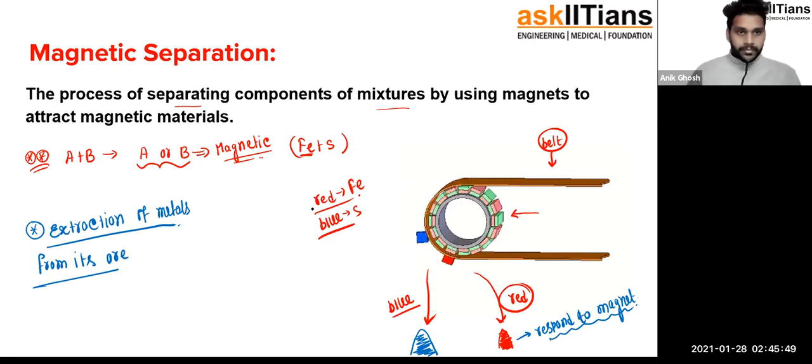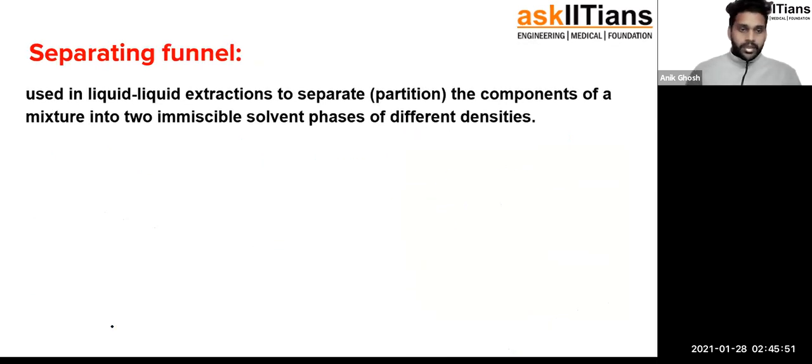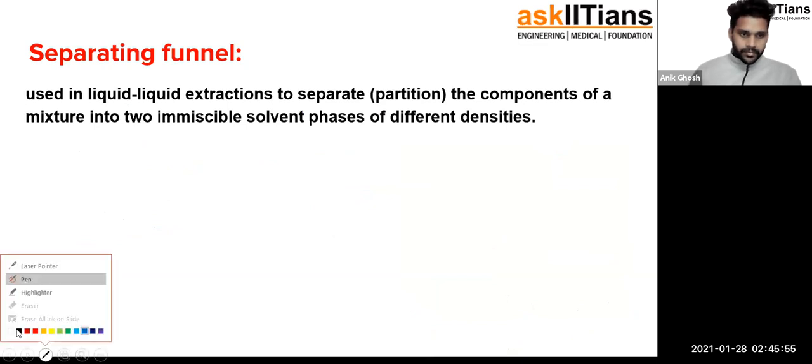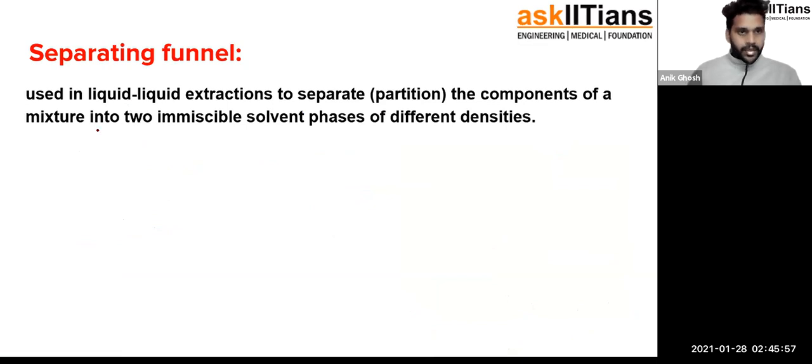Okay. Now the next method is the separating funnel. So you need to understand how the separating funnel looks. If I try to draw the entire setup, there is a clamp over here.